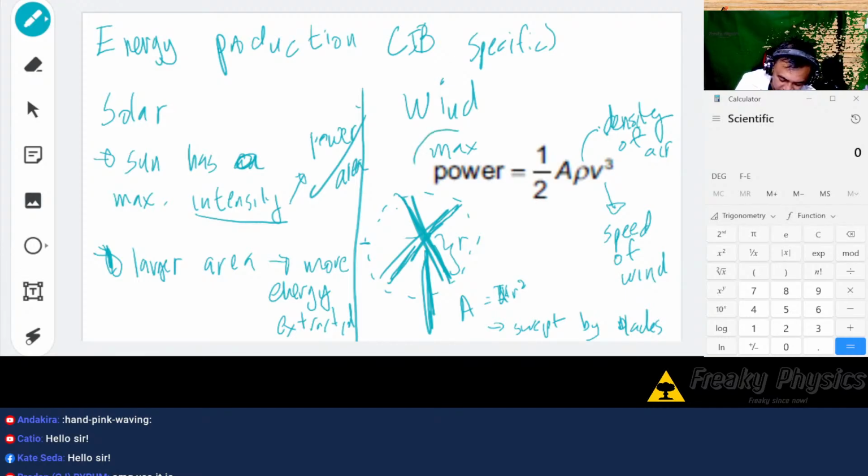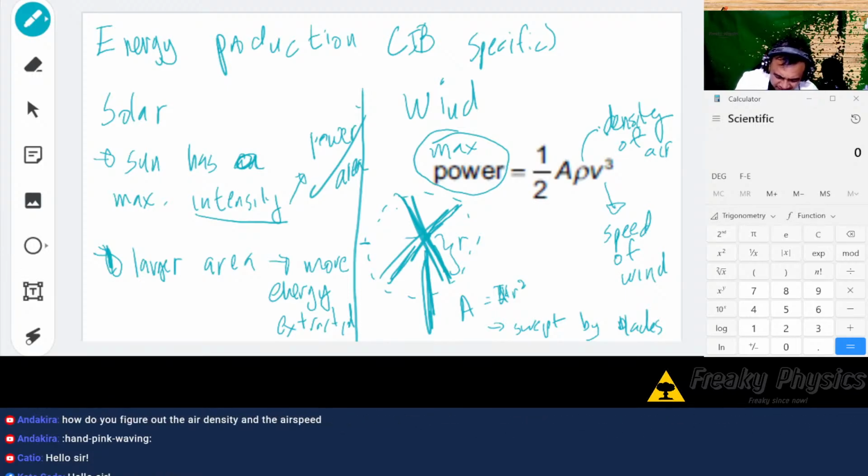So again, the maximum power extracted by a windmill would be equal to this formula. We can derive this quickly, but this is based on the idea of kinetic energy. How is this kinetic energy? Let's just go straight to this.